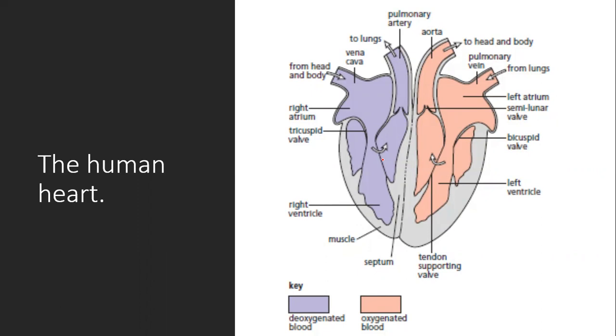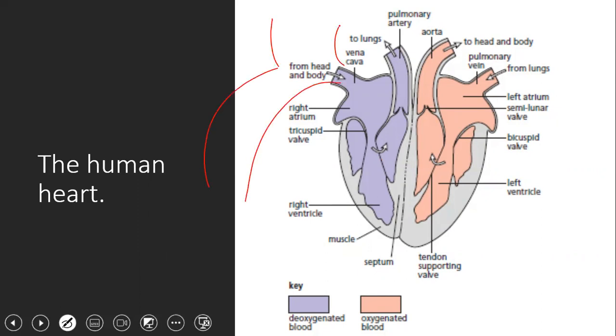Talking about other important parts of the heart, we have our vena cava. By the way, we have two branches of vena cava: an inferior branch and a superior branch. So we have the inferior vena cava and the superior vena cava.